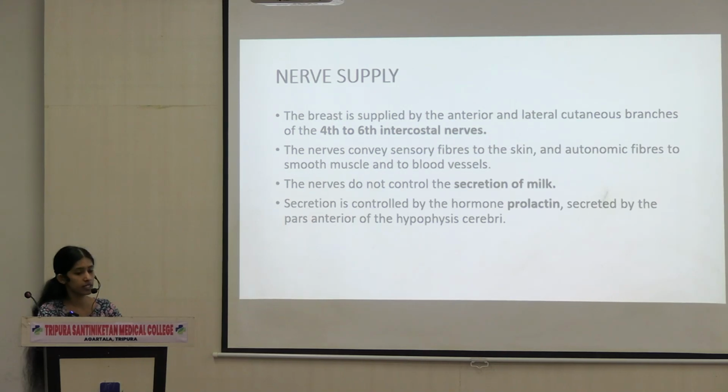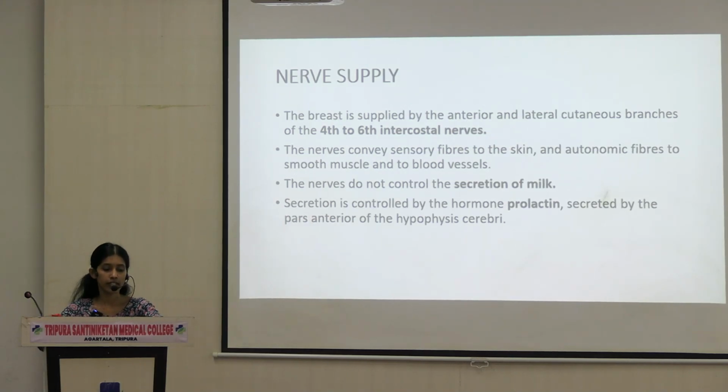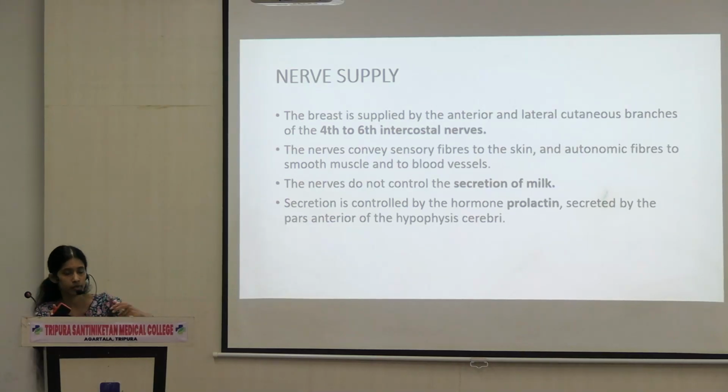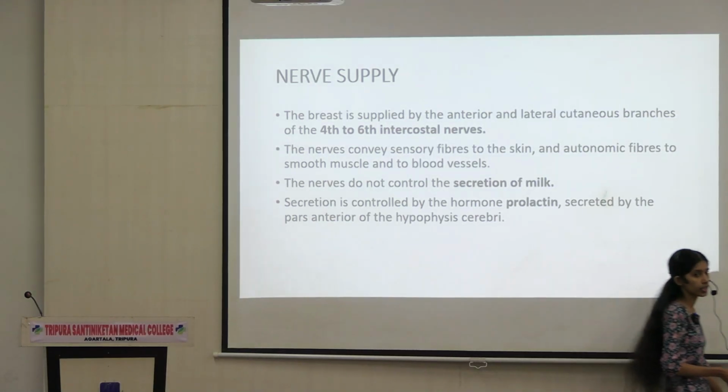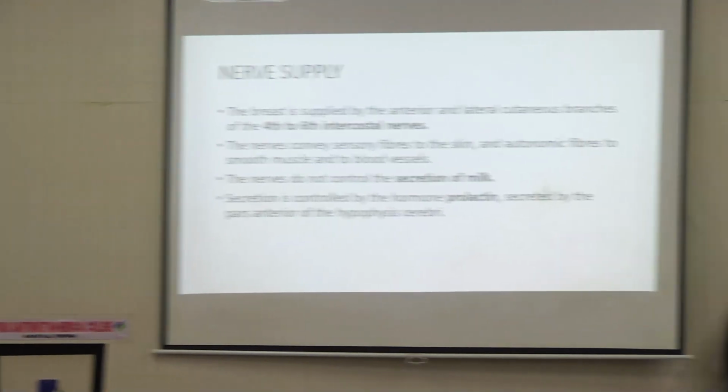The next one is lymphatic drainage. Lymphatic drainage, again you have to learn in the quadrant plant part only. So what are the important lymph nodes we can see in this region?